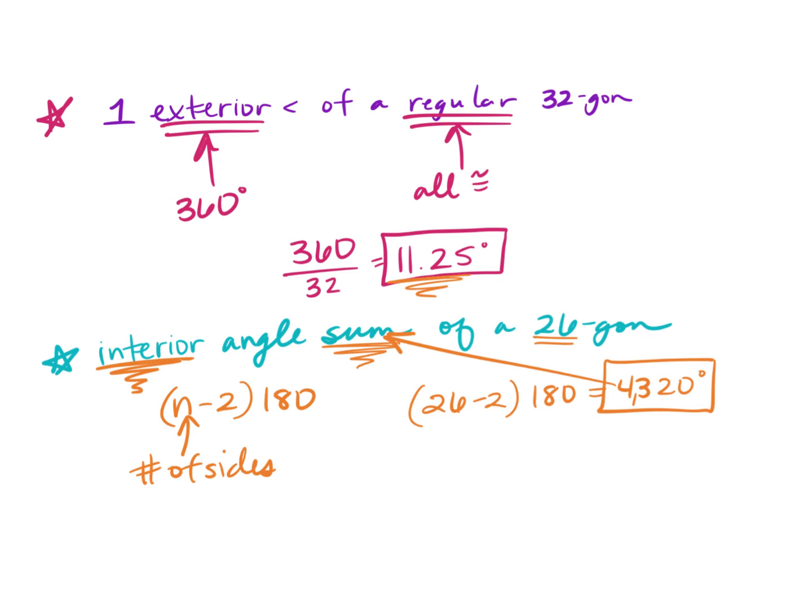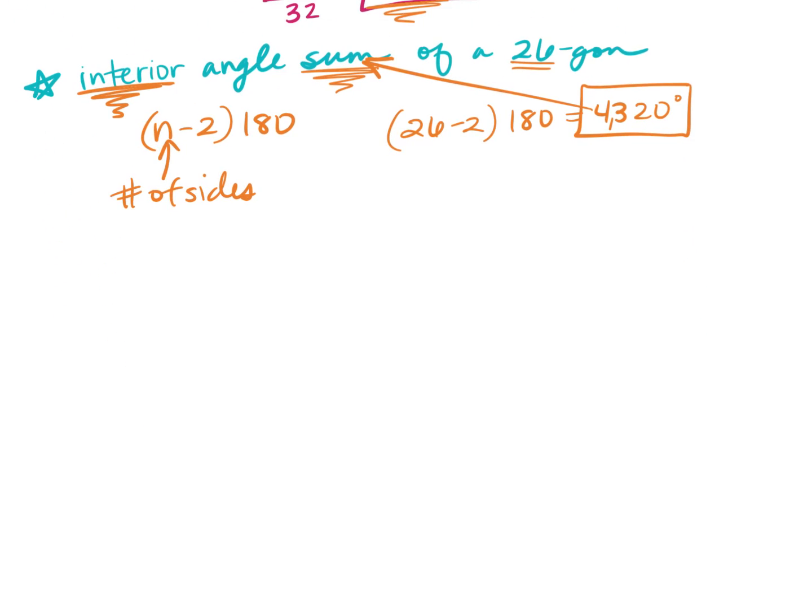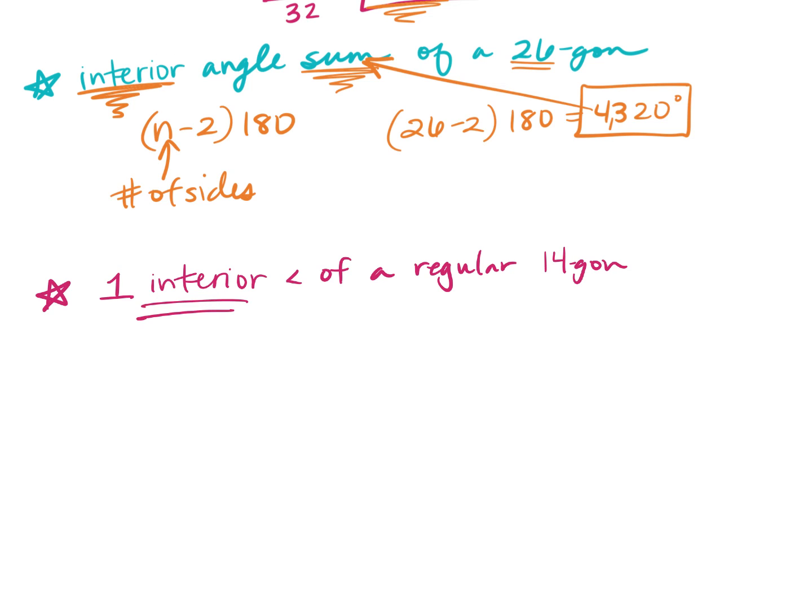Okay. The other scenario that we talked about was, instead of saying what is the sum, what if we say what's the measure of one interior angle of a regular, we'll call it a regular 14 gon. So we're still talking interior, and whenever you see interior, that should lead you to this one, right?